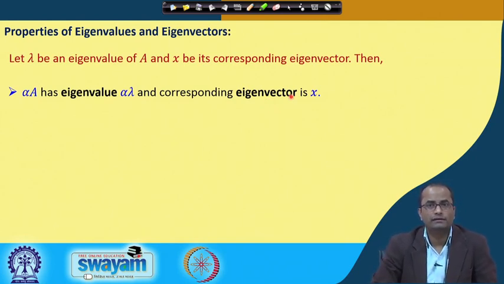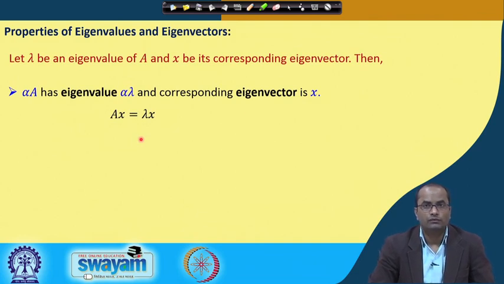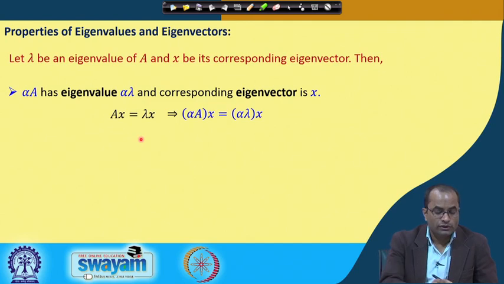This property we can easily verify. So, here A x is equal to lambda x, that is the relation we have for eigenvalues and eigenvectors. If we multiply by alpha on both sides, we get alpha A x, and here we are treating alpha A as a matrix.